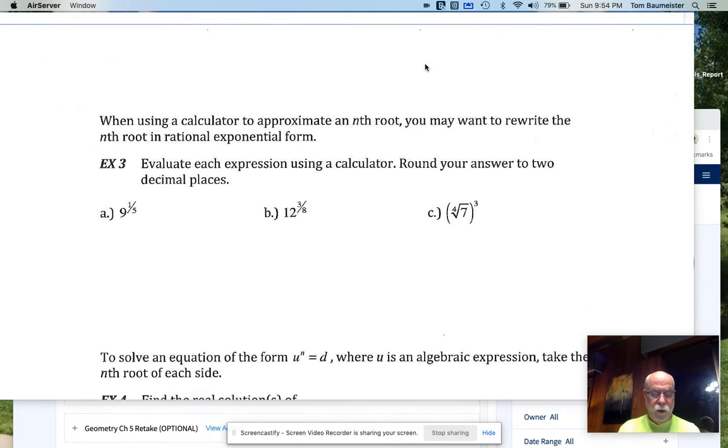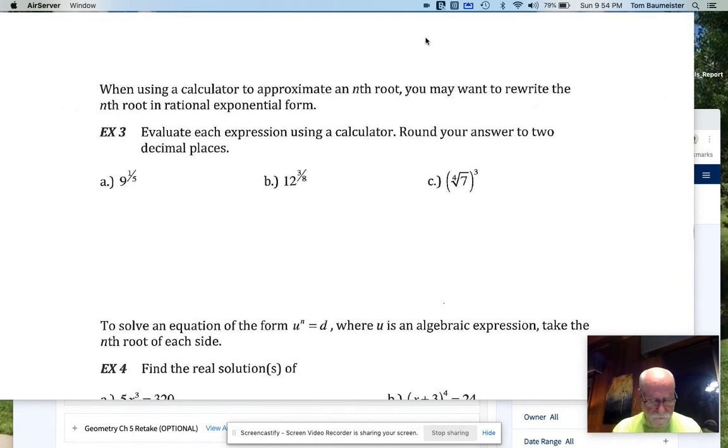All right, when using a calculator to approximate an nth root, you may want to rewrite the nth root in rational exponent form. So example 3: evaluate each expression using a calculator. Round your answers to 2 decimal places. It depends on what calculator you use.